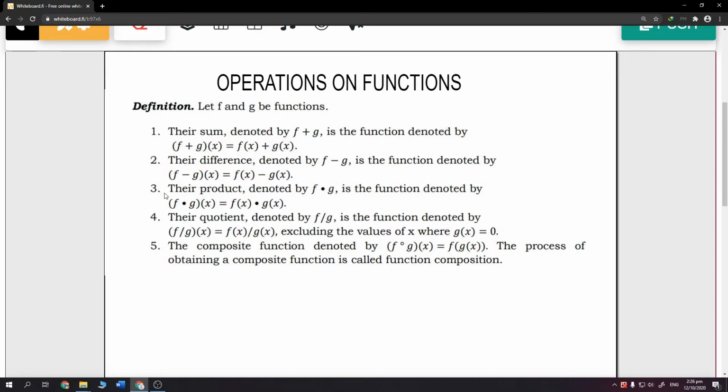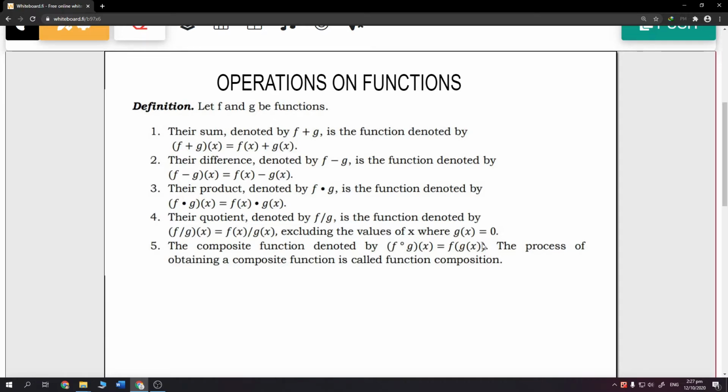Number three, the product, denoted by f times g, is defined by (f times g)(x) equals f(x) times g(x). Number four, the quotient, denoted by f over g, is the function defined by (f over g)(x) equals f(x) divided by g(x), excluding the values of x where g(x) is equal to 0.